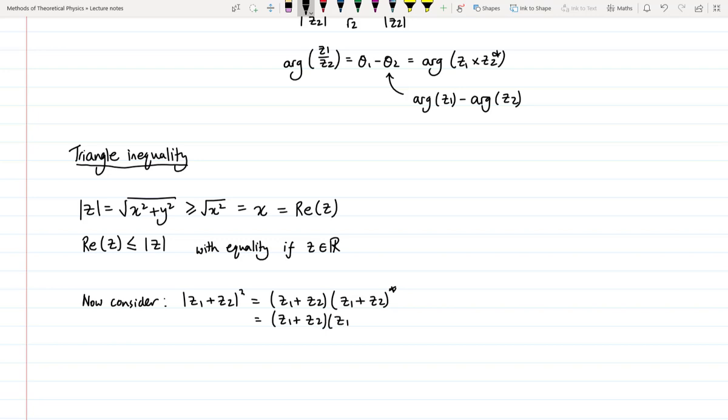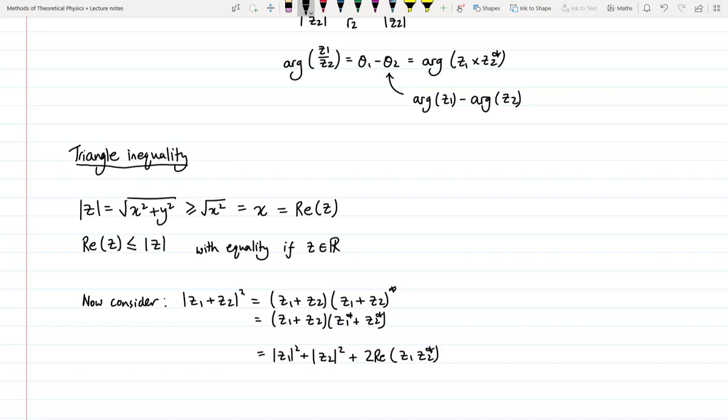So we have z1 star plus z2 star. And multiplying this out, the first term will give us mod z1 squared, z2 times z2 star will give us mod z2 squared. And it turns out, and you can check for yourself, that the cross terms give us 2 times the real part of z1 z2 star.